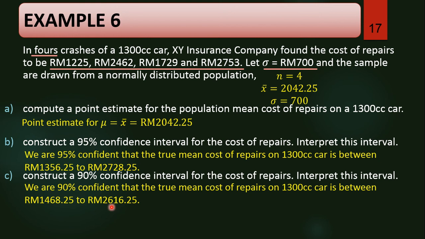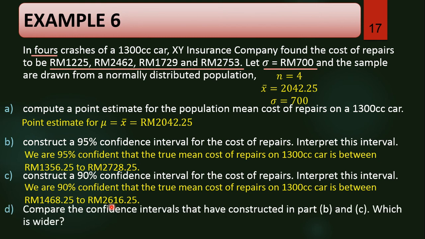With the same data, only changing the confidence level, we compare these two. Which one will be wider, 95% or 90%? If we sketch a number line, in the middle here is mu. For the 95%, our interval will be located from this value to this value.